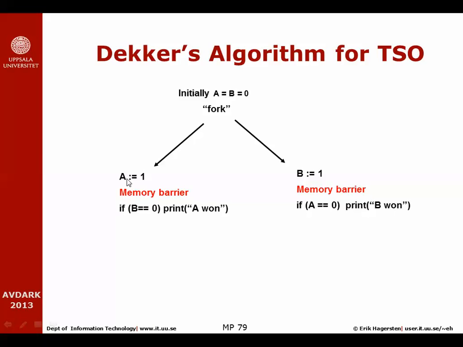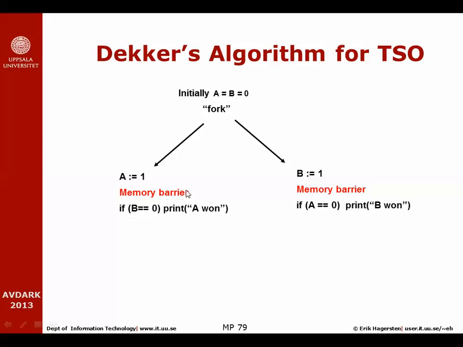We do that by putting in a memory barrier instruction. This is typically not included in high-level languages. You have to insert some assembler code in your programs, or have some macro that will do that for you. But for total store order, it's exactly this situation. You have performed the store operation, you want it to become globally visible before you do a load.